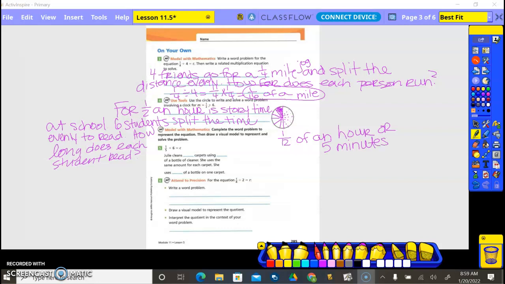Okay, let's do this one real quick. So complete the word problem and represent the equation, then draw a visual model to represent and solve. So Julie cleaned 6 carpets. Okay, so 6 carpets, because otherwise if she went through 6 bottles of cleaner, then they must have been really dirty, right? Okay, using 1/5 of a bottle of cleaner. So we need to figure it out. So we would have our box. How many pieces are we breaking it into?